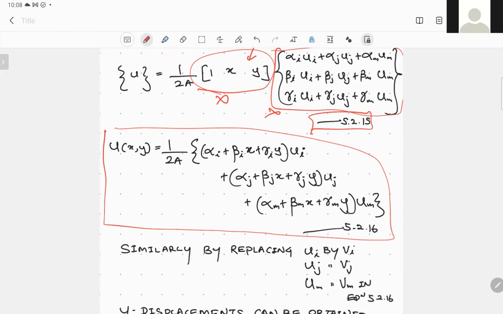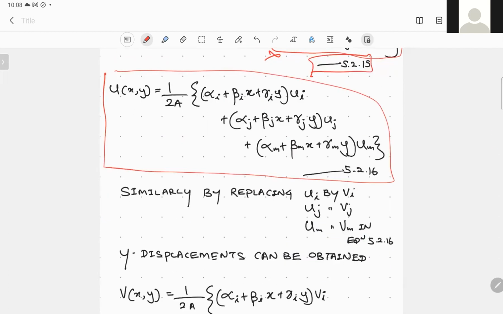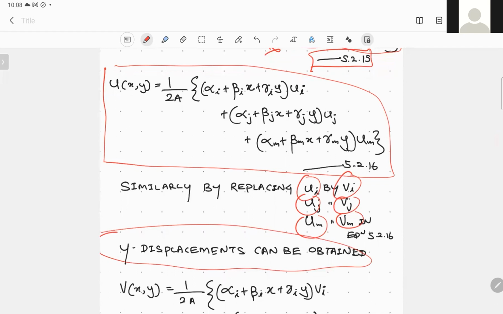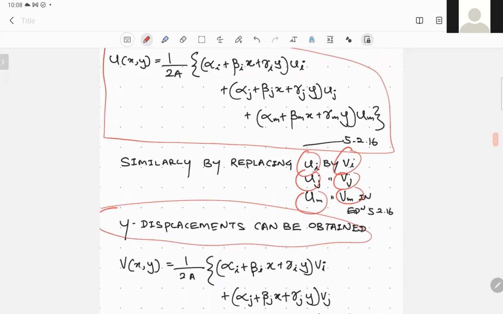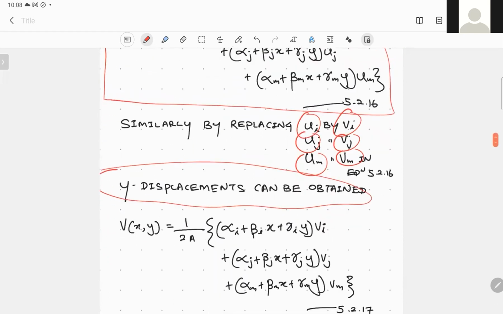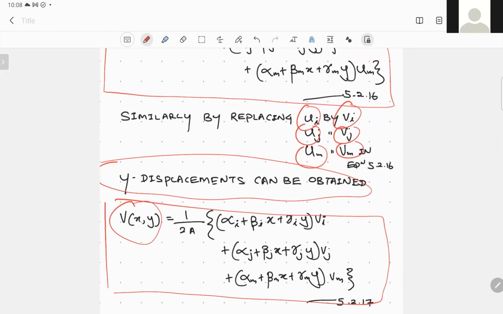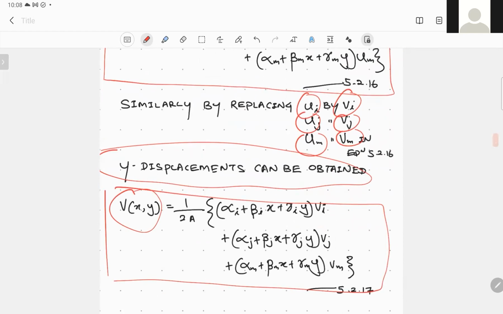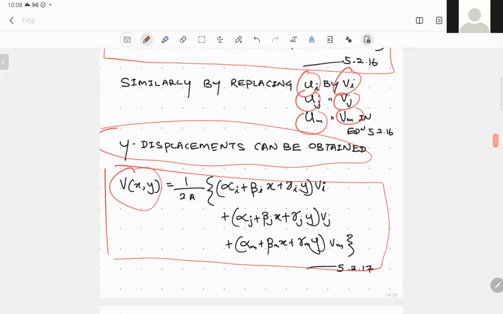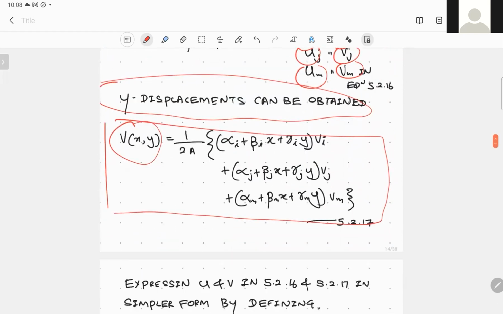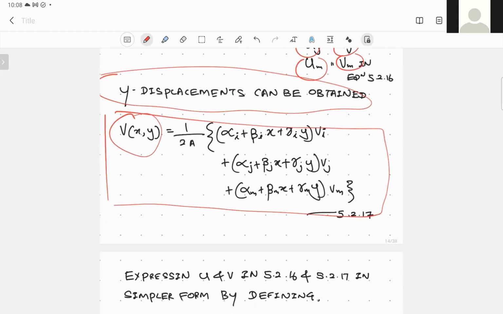Likewise you could follow the same procedure, or simply replace ui, uj, and um by vi, vj, and vm, and obtain a displacement function in the y direction, which is given by v. So now we have the two displacement functions, in the x and y direction, using the nodal coordinates, for describing the behavior of the element.